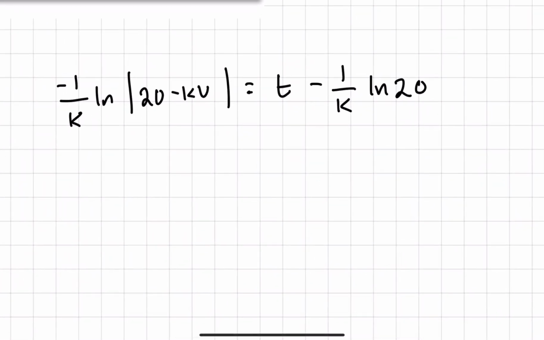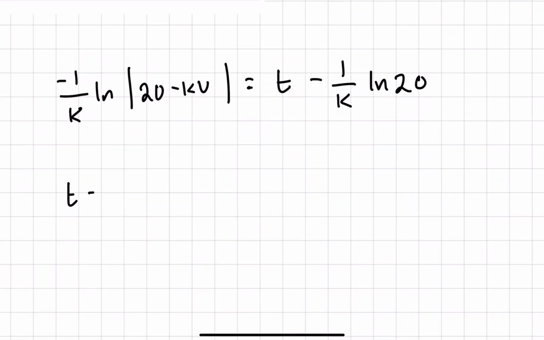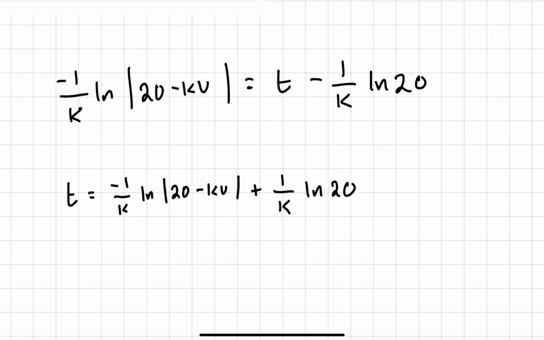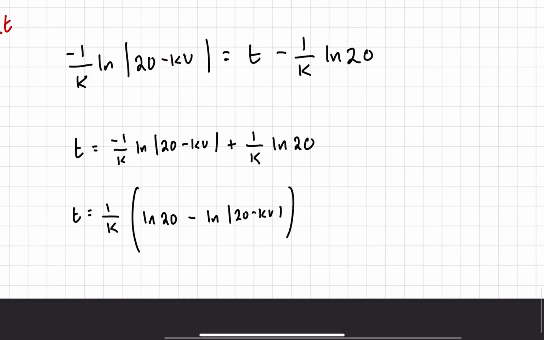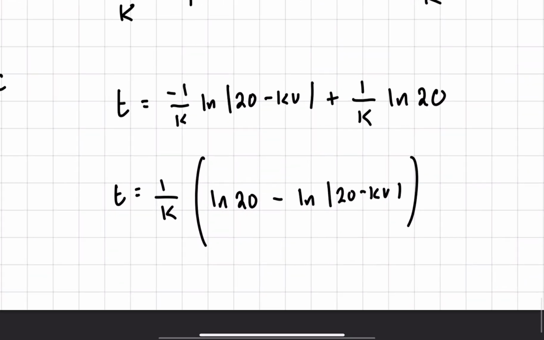If I rewrite this, t is going to equal minus 1 over k natural log of 20 minus kV plus 1 over k natural log 20. So time equals, I'll factor out the 1 over k, natural log 20 minus natural log of 20 minus kV. So that's going to clean itself up a bit.